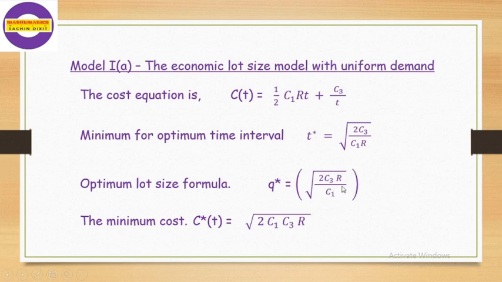So in an example, first we have to find these three values, and then we can find the optimum time interval, optimum lot size and minimum cost. So we start with the examples.